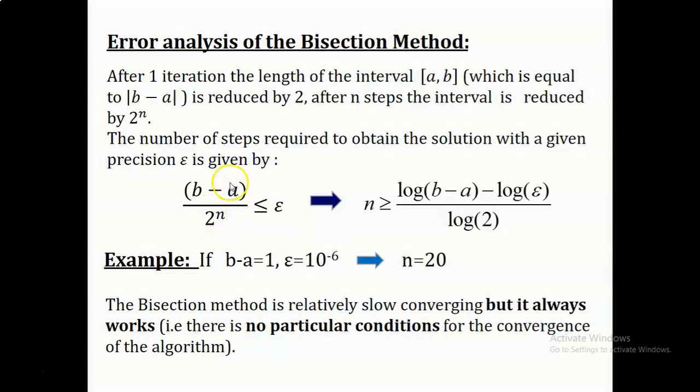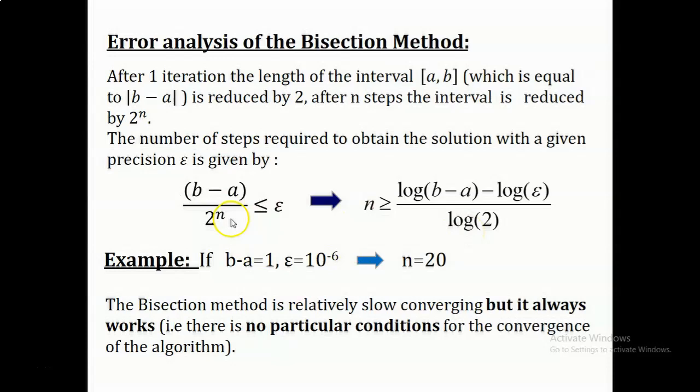We want that after n steps, the length of the interval is inferior to the precision epsilon. Solving this inequality gives n superior or equal to (log(b - a) - log(epsilon))/log 2.